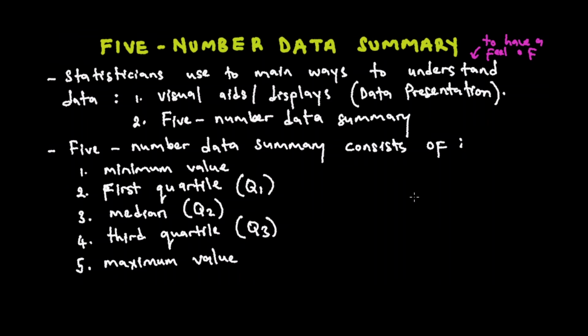Now we want to go through the different methods which we use to find the minimum value and the maximum value. Minimum value and maximum value, we can find them simply through observation, but the first quartile, median and third quartile we must find by use of other methods.